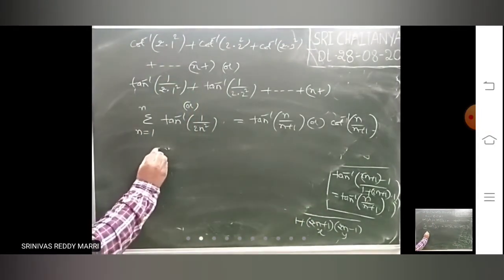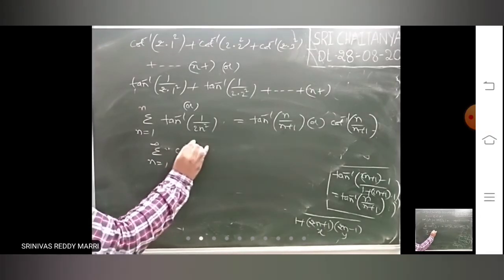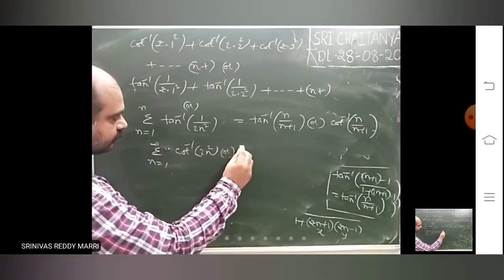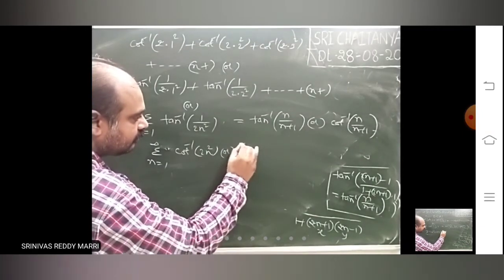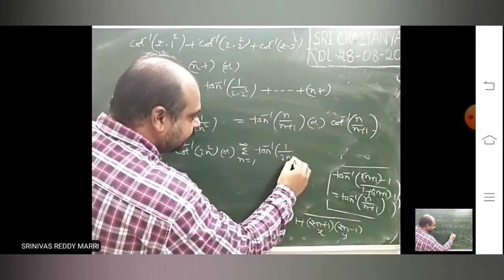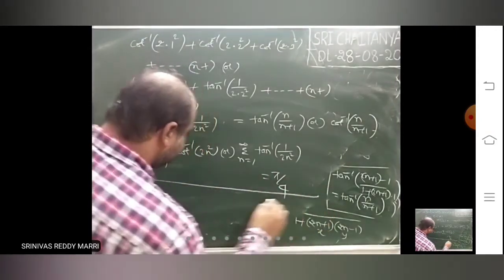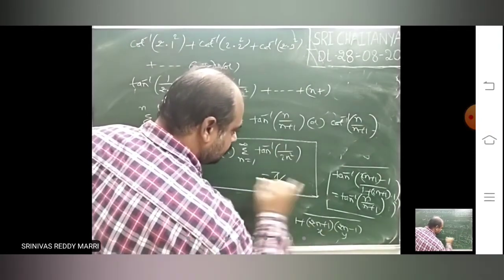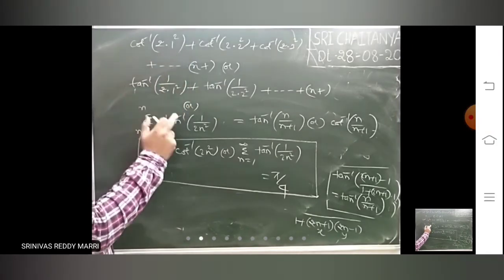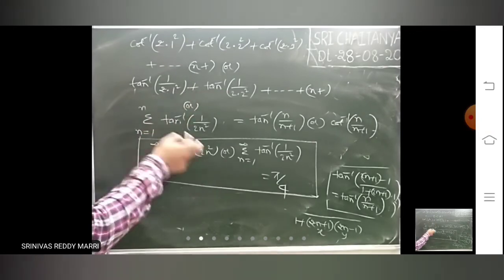If it is given like this for infinite terms, sigma n equal to 1 to infinity cot inverse 2n square or tan inverse 1 by 2n square, this is pi by 4. This or this or this or this, all the same. This is directly in summation form, this is sigma form.